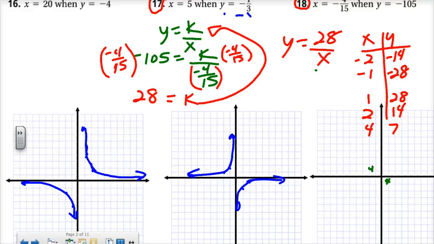Go after all this again now. So there's my -2, -14. My smartboard is just a little bit off, and I really don't like that. All right, and again, because of symmetry, we'll see equal but opposite on the other side here.